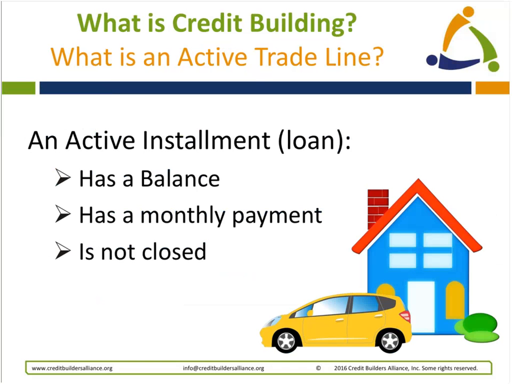So that means that while paying off debt is a great thing, once paid in full, a loan, such as a car loan, is no longer active and won't continue to build credit. And eventually, an established credit score will disappear if a consumer has only that one trade line that has been paid in full.